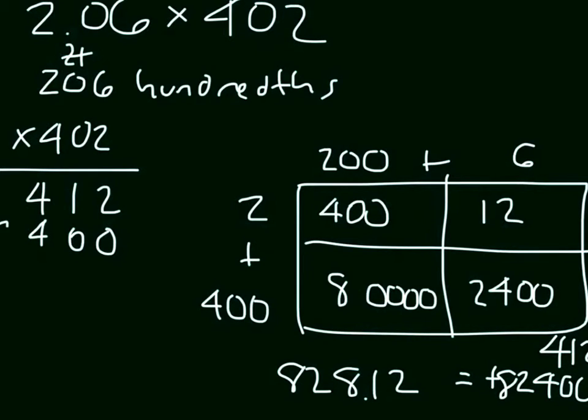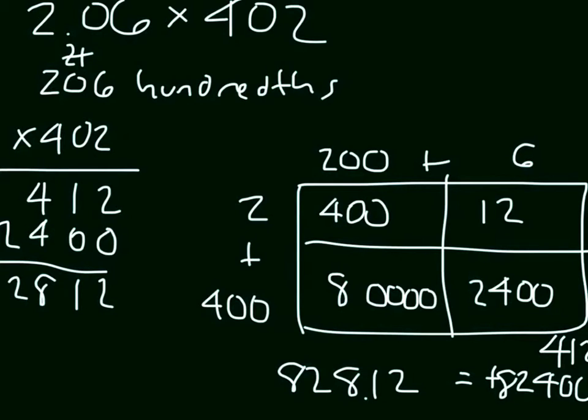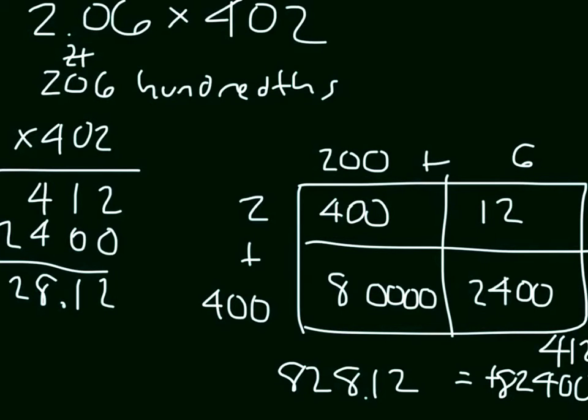Plus 2 is 2. And 4 times 2 is 8. And that partial product also matches the partial product I had figured out in my area model. Carefully adding those together, I would get 82,812. That's hundredths. And that's why I can place my decimal point right there.